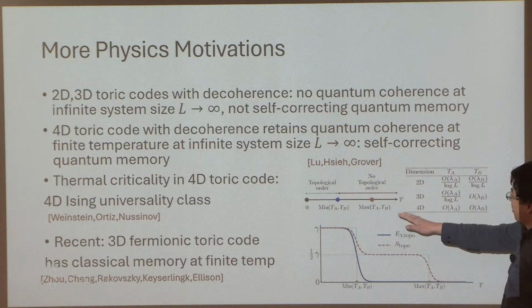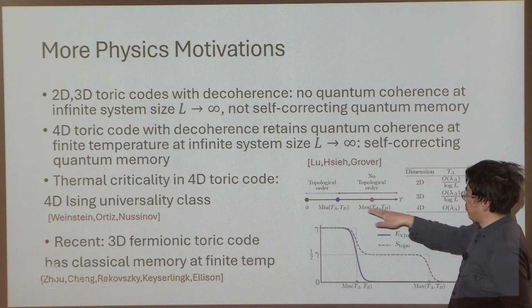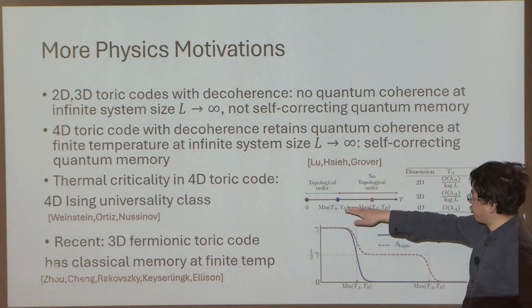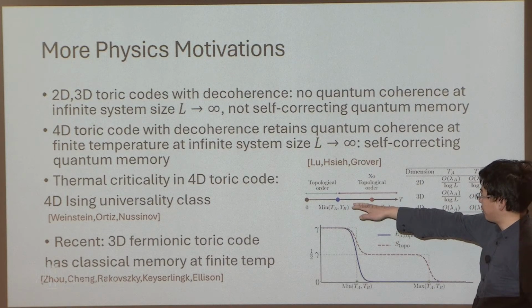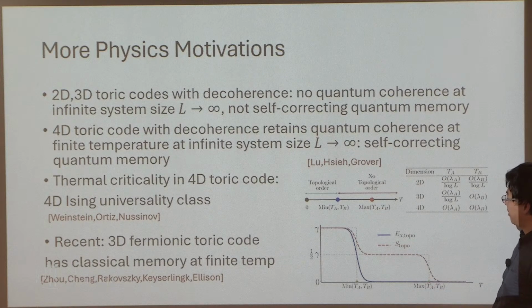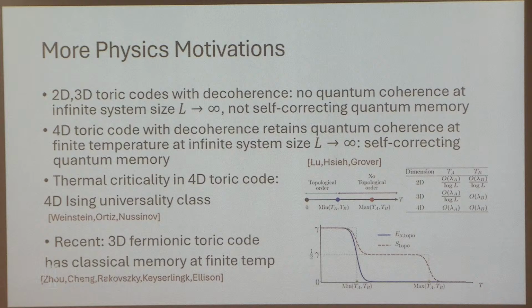Basically, as you increase the temperature, in general you will have two transitions. One transition is when the topological negativity becomes 0, and the other is when the topological entanglement entropy becomes 0. For example, if you start with 2D toric code, you'll find the transition temperature will go to 0 as the system size L becomes very, very large, becomes infinite.